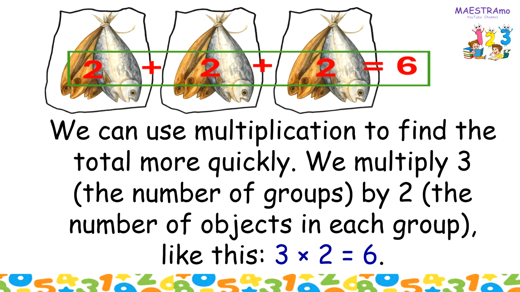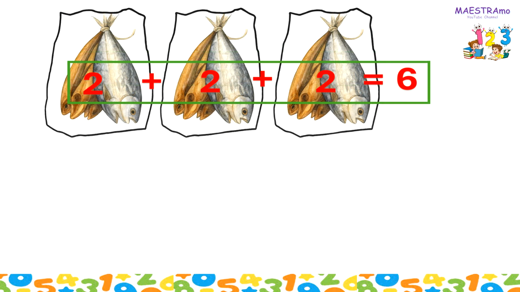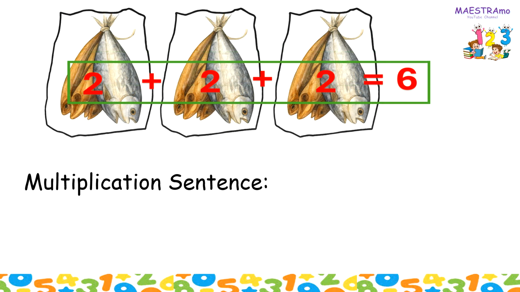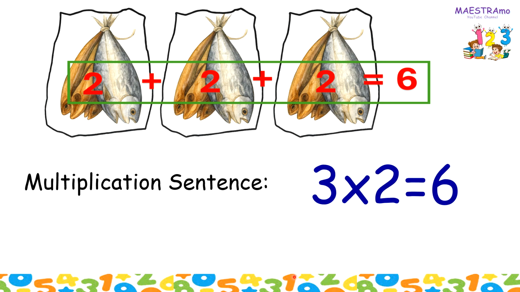We multiply 3, the number of groups, by 2, the number of objects in each group, like this. 3 times 2 equals 6. This is a multiplication sentence and is read as 3 times 2 equals 6.